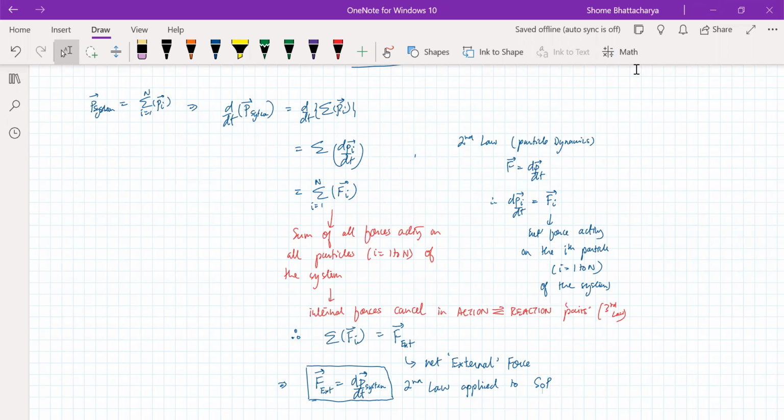So if we take an example of anything moving without any net external force, the momentum is conserved, so it will continue being in motion. It might even so happen that the center of mass is at rest.